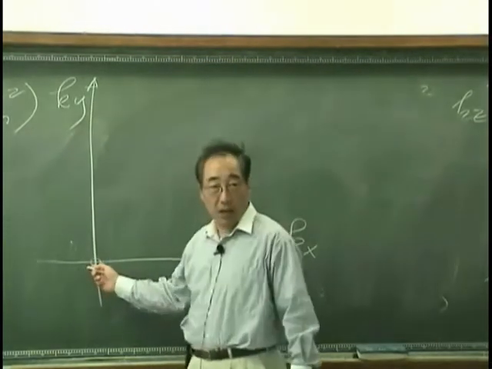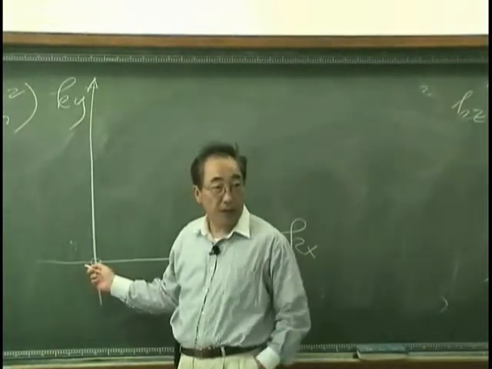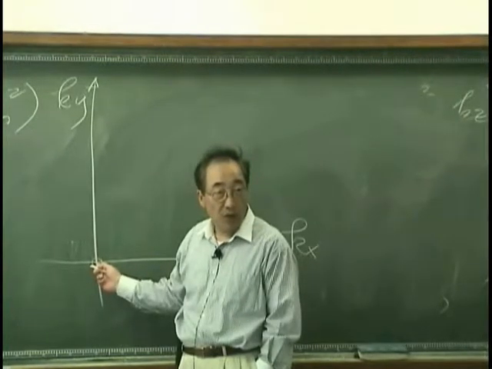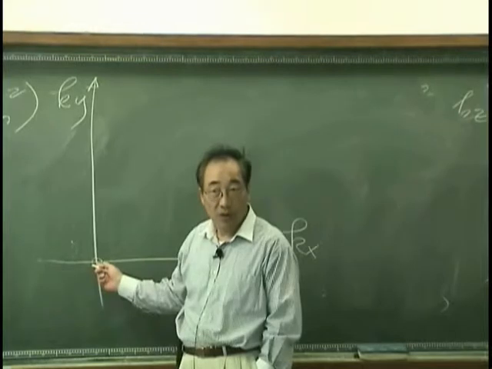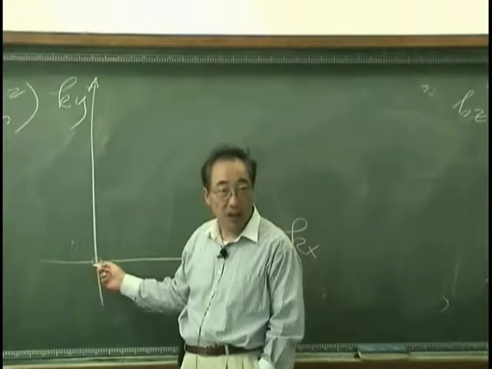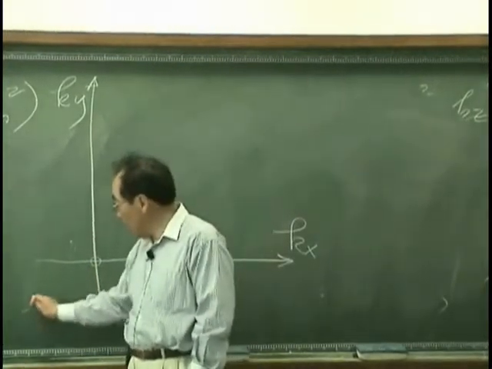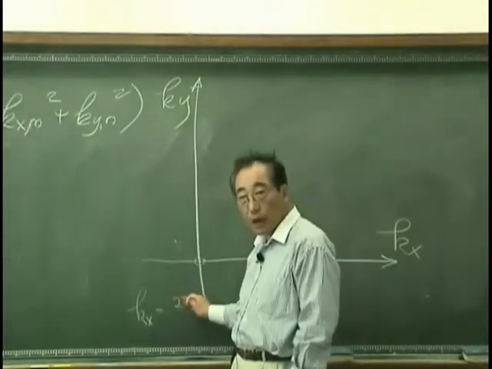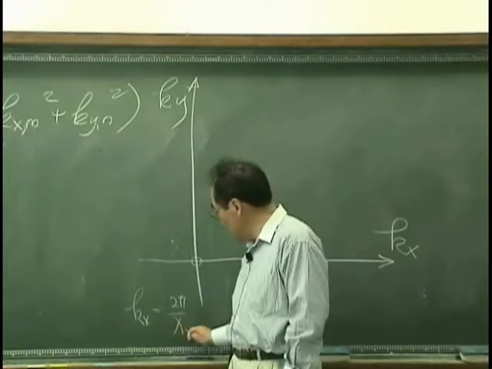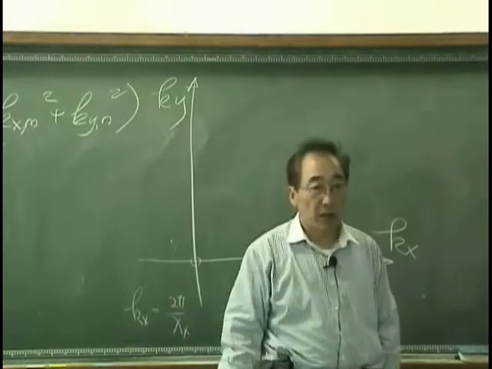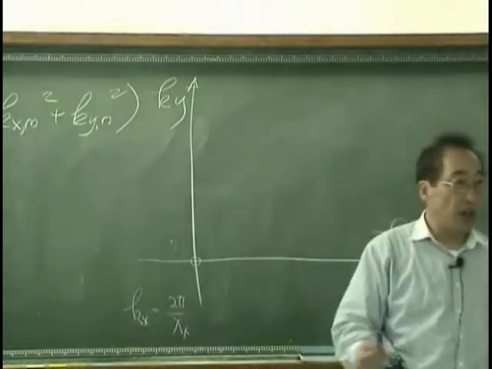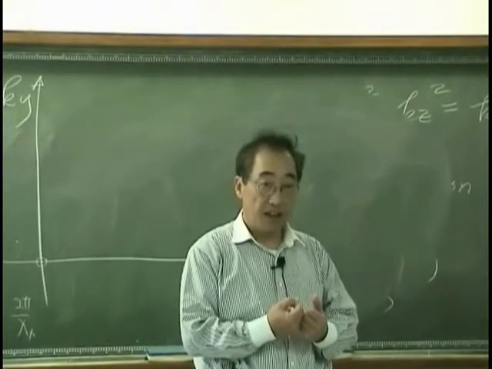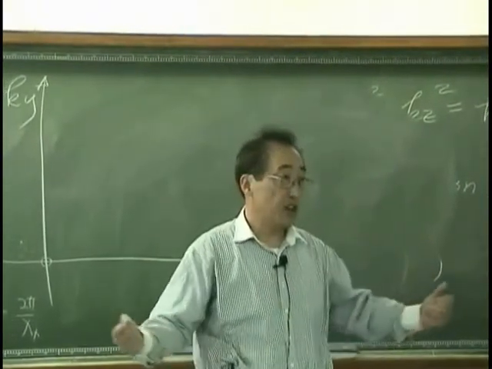what does it mean if I have Kx equals 0 and Ky equals 0? What does it mean? That means Kx represents 2 pi over lambda x. So Kx equals 0 means that I have lambda infinitely large.